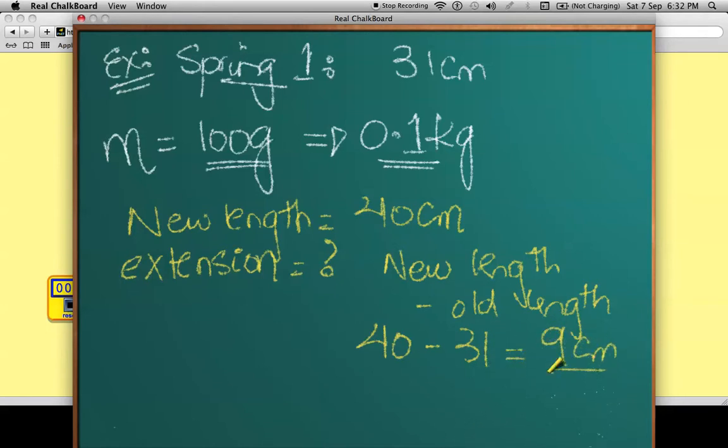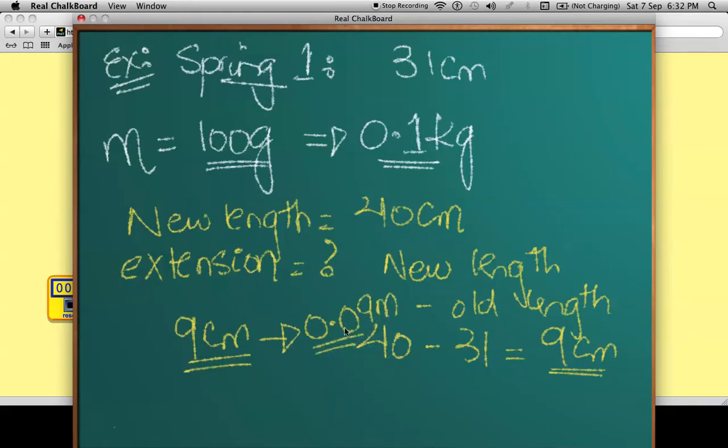The extension is 9 centimeters. Remember that our SI units are meters, kilograms, and newtons. Because the mass was in grams, I had to change it into kilograms, and for this I will have to change the length into the SI unit, meters. This will become 0.09 meters.